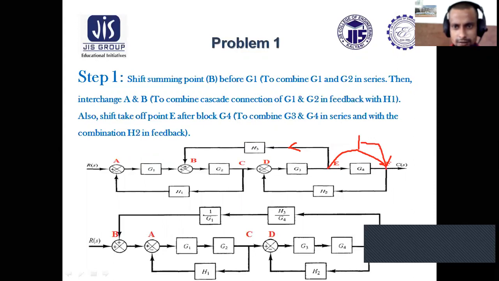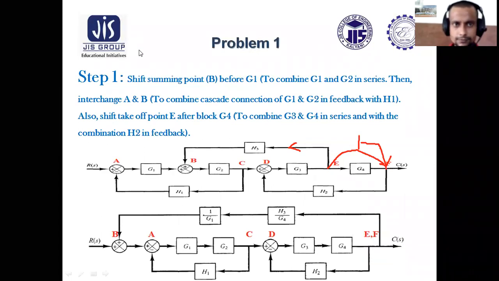So when a takeoff point is shifted after a block, it should be multiplied by 1 by that block's transfer function G4. So 1 by G4 multiplied by H3 is H3 by G4. Initially it was H3, now it is H3 divided by G4 because we have shifted the takeoff point after block G4.